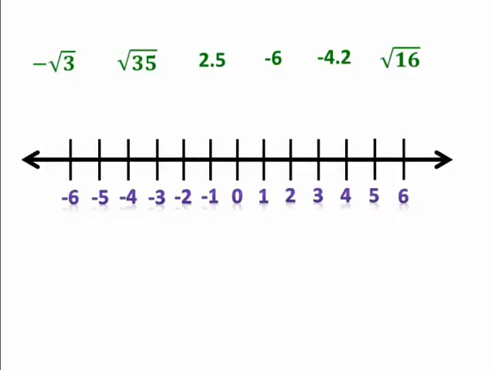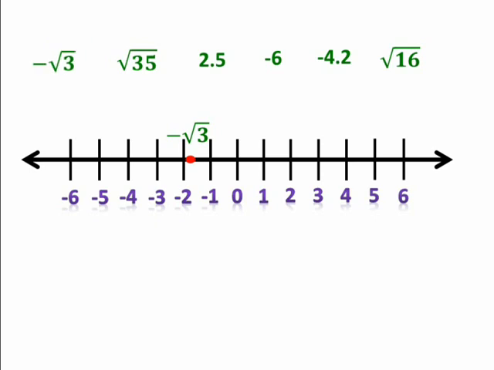For example, the following numbers, -1 times the square root of 3, square root of 35, 2.5, -6, -4.2, and square root of 16 can be placed on a number line. -1 times the square root of 3 is almost -2 because -1 times the square root of 4 is -2.